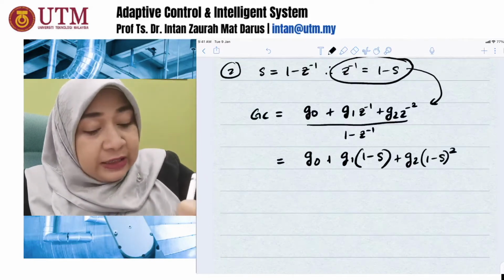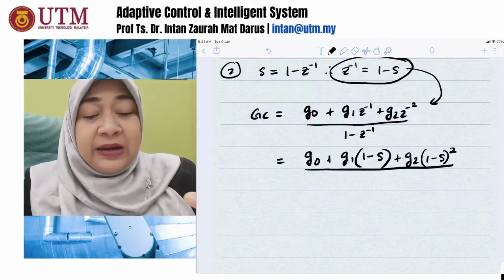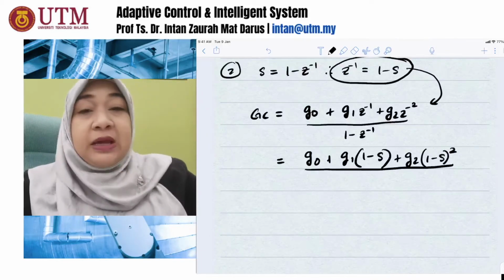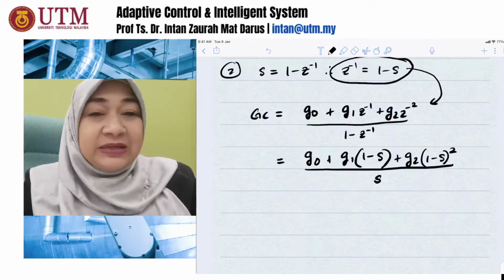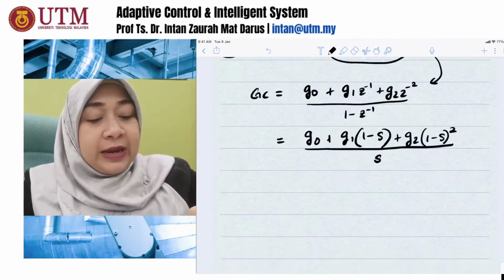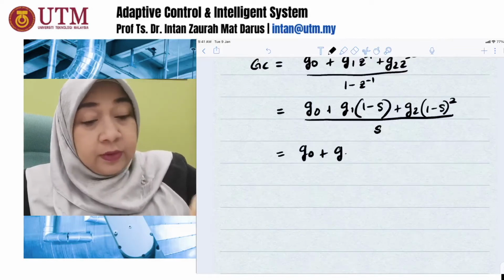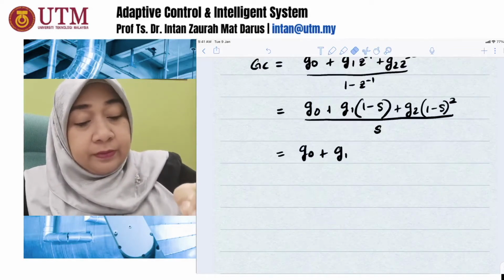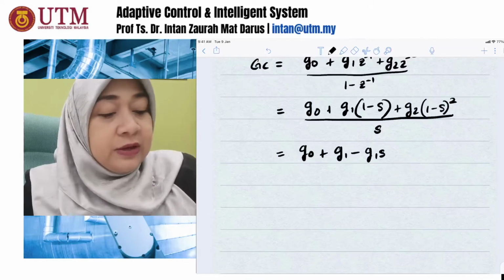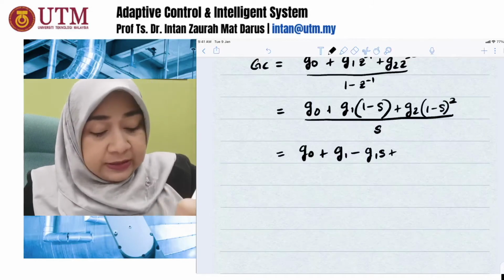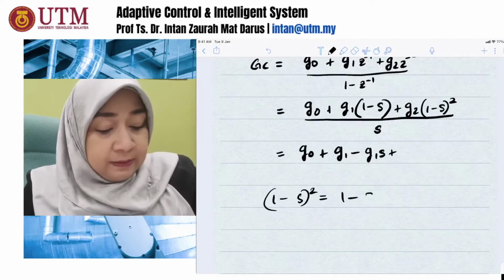Since s is 1 minus z^-1, the denominator quickly becomes just s. This is why we have that polynomial as 1 minus z^-1 just now. Then let's expand this. I have g0 plus g1 minus g1 s, plus, for your (1 minus s) squared, if you expand it, it becomes 1 minus 2s plus s squared.